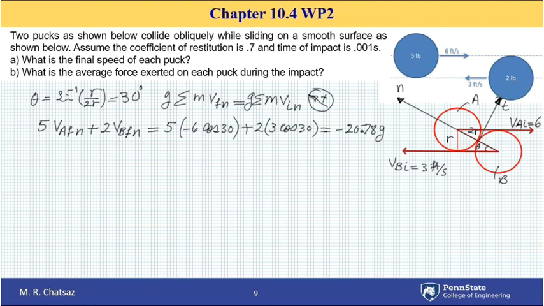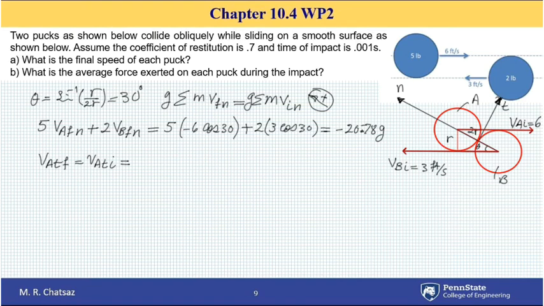Observe that in the tangential direction, I can write a law of conservation of momentum for each ball separately. Therefore, for ball A, I can write that the final velocity in the tangential direction equals the initial velocity in the tangential direction.